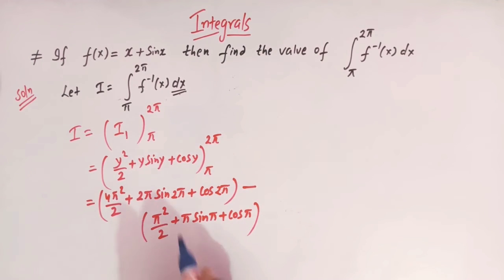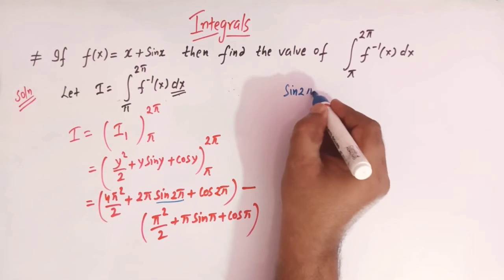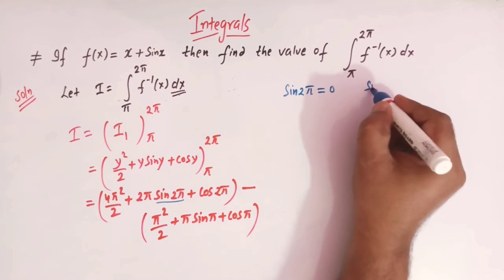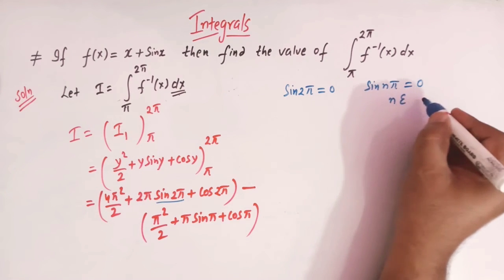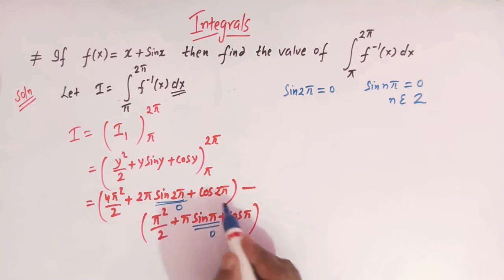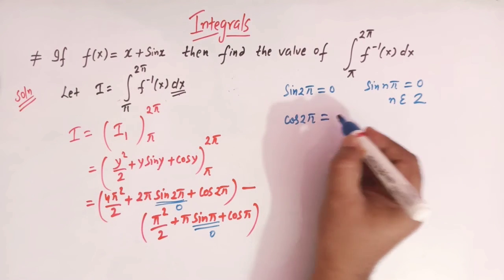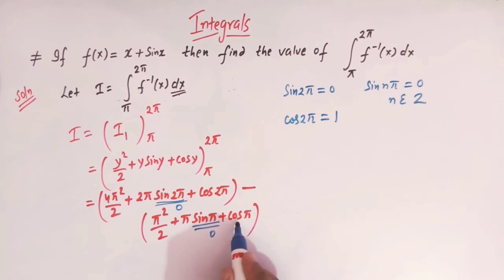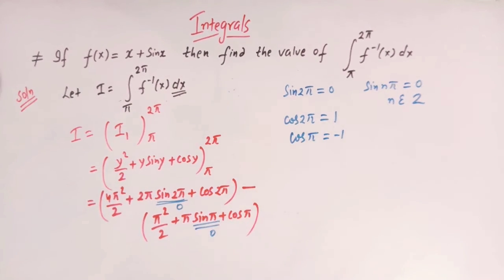So now we know that the value of sine 2 pi is 0, because sine n pi is always equal to 0 whenever n belongs to the set of integers, right? And this value is also 0, and cos of 2 pi is equal to 1, and cos of pi is equal to minus 1, right?